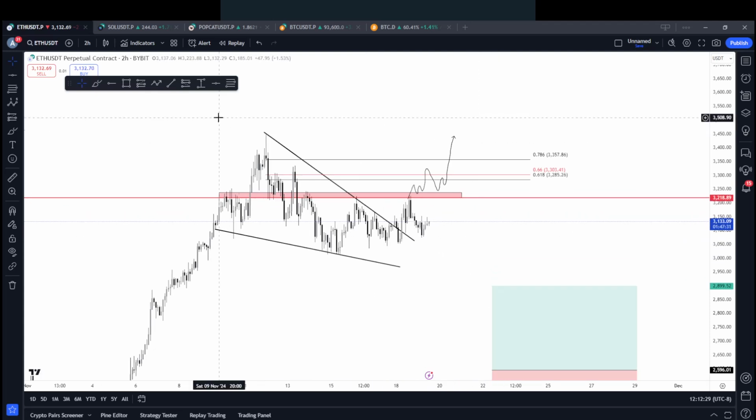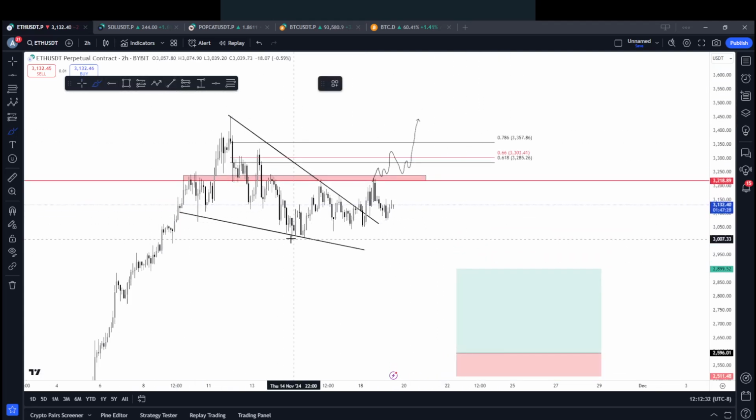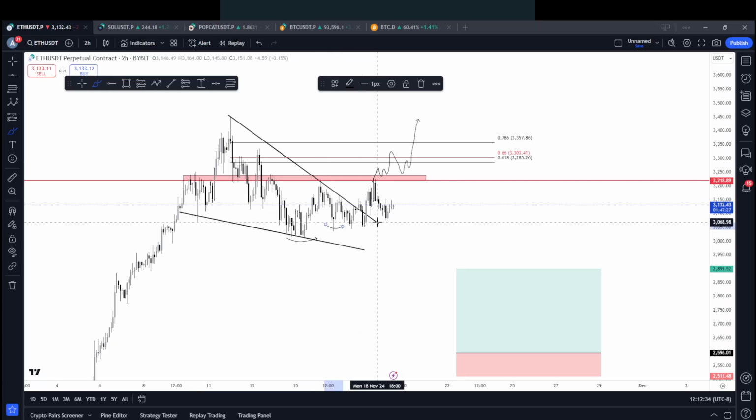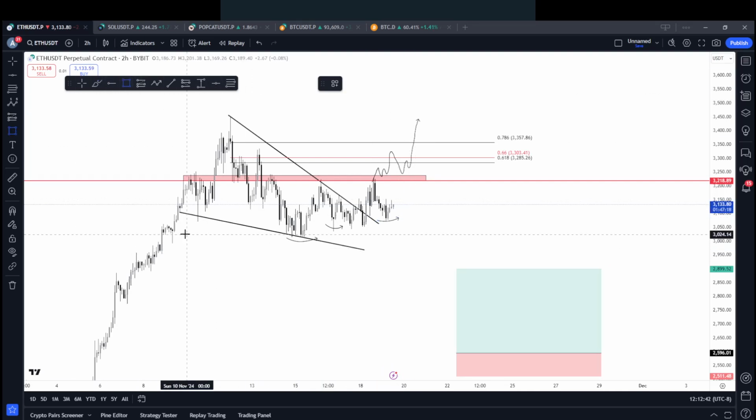And honestly, this will eventually run. Okay, we're not making lows. We haven't broken structure, but again, simple range play here. Right, we have our support.